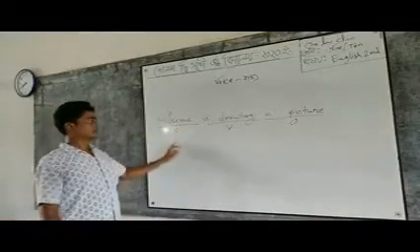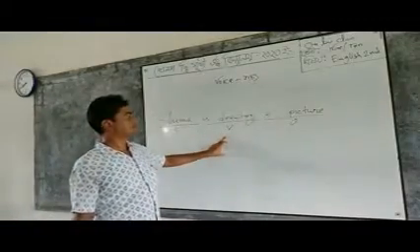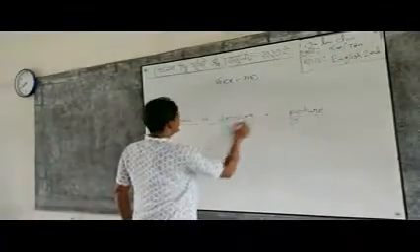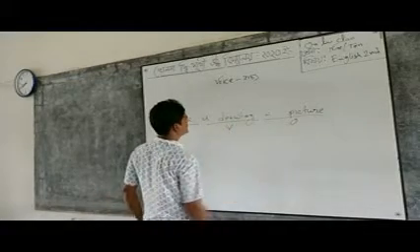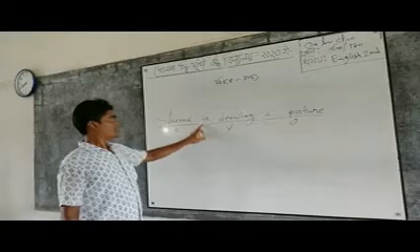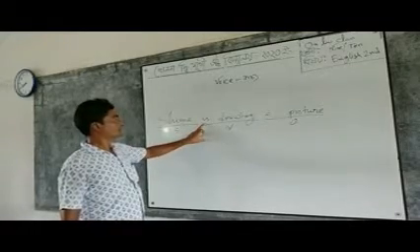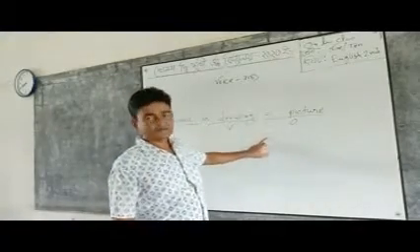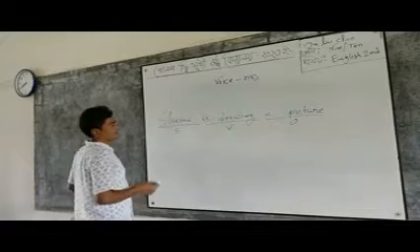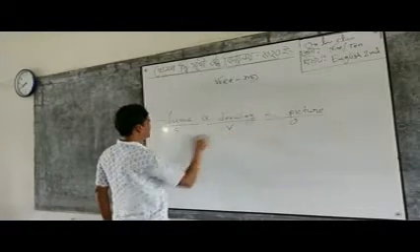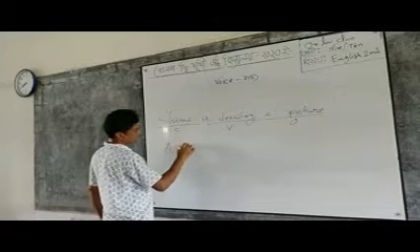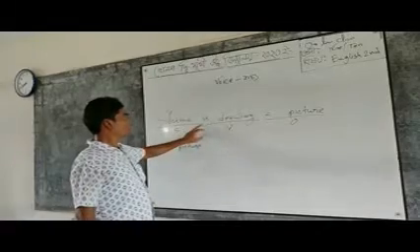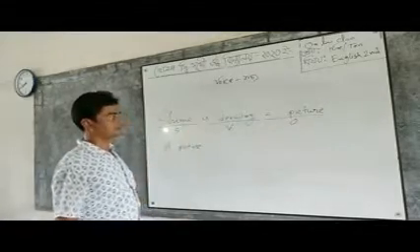If we get subject, verb and object, it is easy to change the voice from active to passive, because we know object will be subject, subject will be object. According to tense, there needs an auxiliary verb, and the main verb is always in the past participle form, and there needs a preposition by. So let's start. Object will be subject, a picture. Now we have to identify what tense it is. It is present continuous tense.